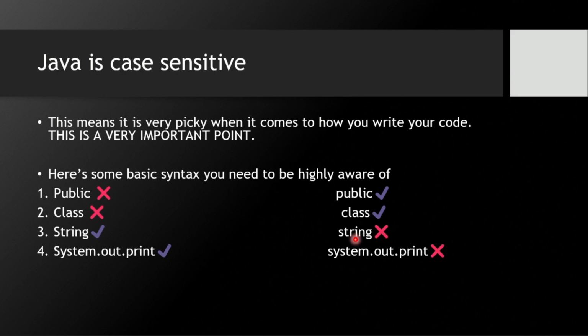Anywhere you see System.out or System.in, we're gonna talk about that later on. Wherever you see System in Java, the S is always capitalized. So with String and System, always capitalize the S.